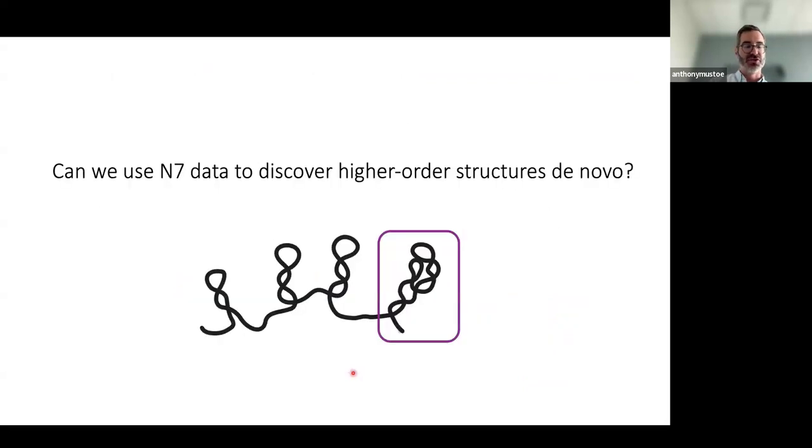So, two applications that we think this experiment has that we're excited about are using these experiments to discover new types of complex structures that normally are challenging to distinguish.